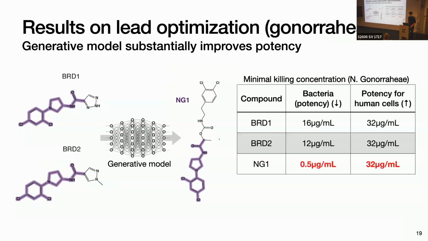We managed to synthesize two molecules, so we only tested two in this case, and one of them was not working, which is why I didn't show it. But one of them showed particularly good potency against the bacteria with improved selectivity, from 2 to 64, which is pretty remarkable.